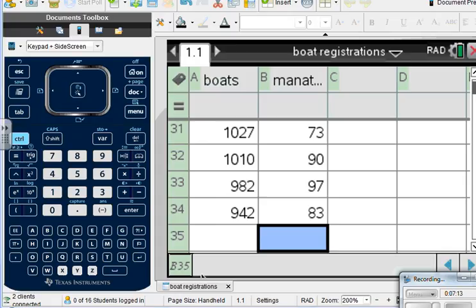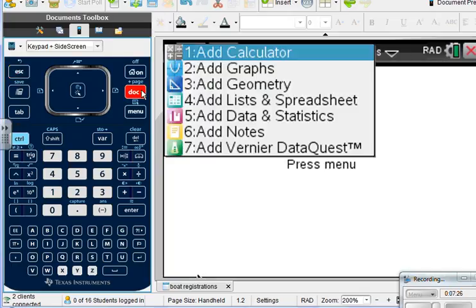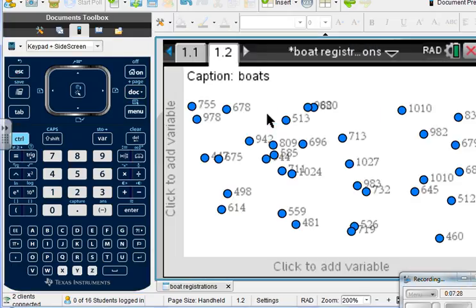All right, so assuming that you all have that in your calculator now, the next thing we're going to do is make a scatter plot. So you want to get a new page. Get a new page, data and statistics. Okay. Boat registrations, manatees. At this point, you need to think about, all right, which one's explanatory and which one's response.